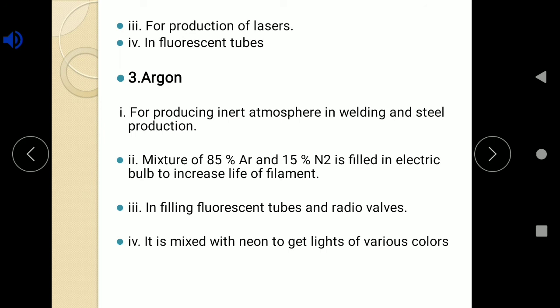You have to write the general characteristics of interhalogen compounds. You have to write the uses of helium, neon and argon. As well as you have to draw the structures of ClF3 and BrF5 with their geometry. So this is all about the assignment.